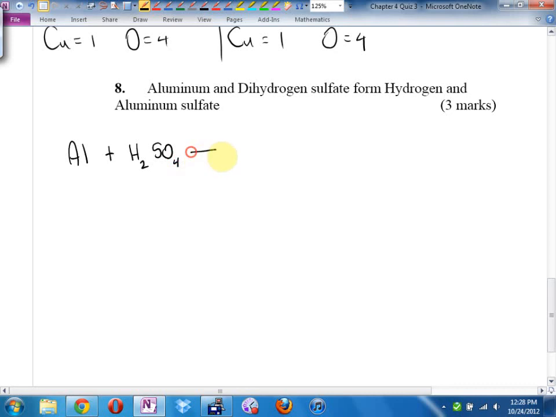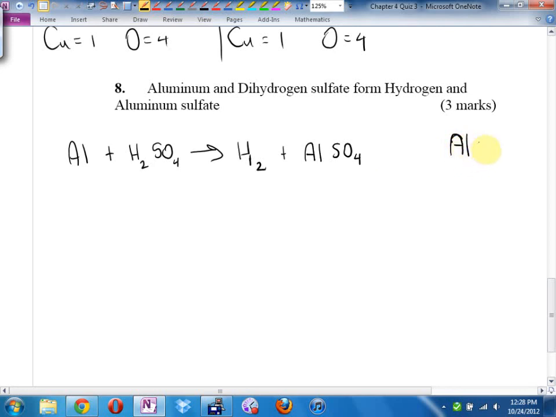Form, arrow. Hydrogen, I'm going to write H2, because hydrogen doesn't sit by itself. It's part of that Hofbrinkel group. Plus aluminum sulfate. So I'm going to go AlSO4, but this is ionic. I've got a crisscross. So over here in the margin, I'm going to go Al.